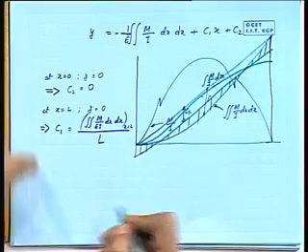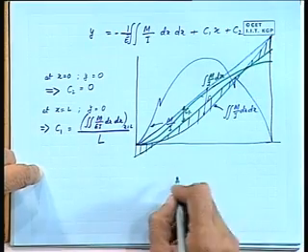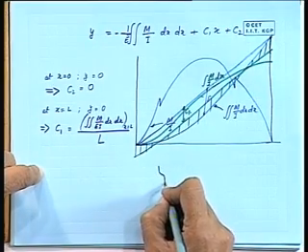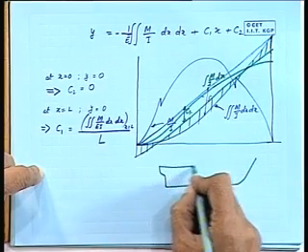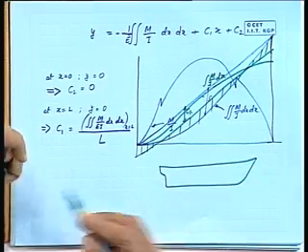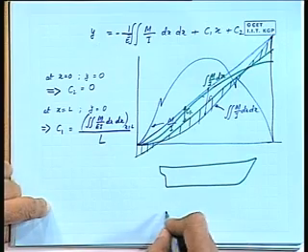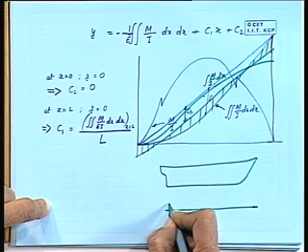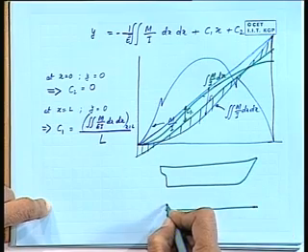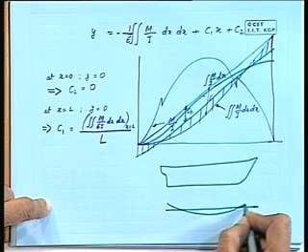Now, let us come to the solution of this. We say this is the ship, which we say is replaced by a line, and the displacement of this, which is free at both ends, is something like this.